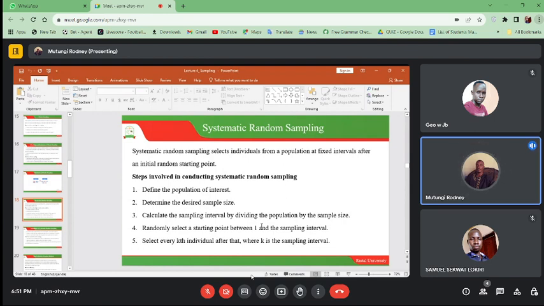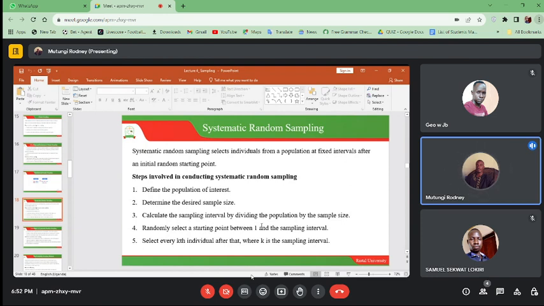The whole bottom line here is that you have those fixed intervals, and in this case we have used an interval of 10, which we have arrived at by dividing the entire population by the sample size. Then, like we are saying, you keep on selecting the 10th individual after that until you arrive at your sample size.